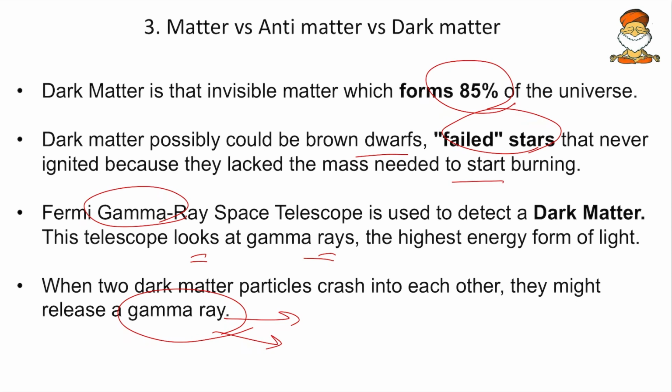Only the evidence of dark matter is available: gravitational lensing, expansion of the universe, or the photograph of a black hole. So all these show that dark matter and dark energy exist. Okay. So now I hope you got the difference between matter, antimatter and dark matter. Matter is that which is visible, dark matter is that which is not visible, like a black hole, and antimatter is the positron and others.